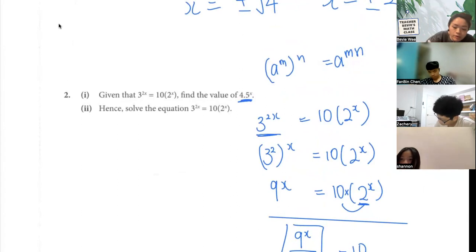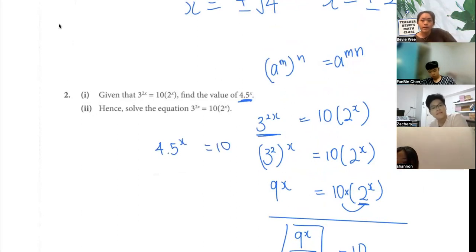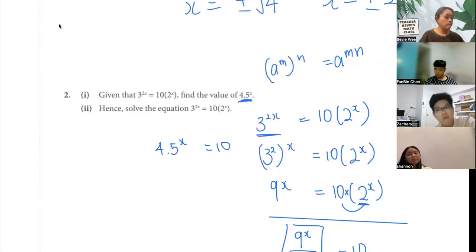Okay. Hence solve the equation of this. So now I've already solved the 4.5 to the power of x equals to 10. How do I solve for the value of x from here? There is no way that I can change 4.5 to a base of 10 or change it to a similar base.